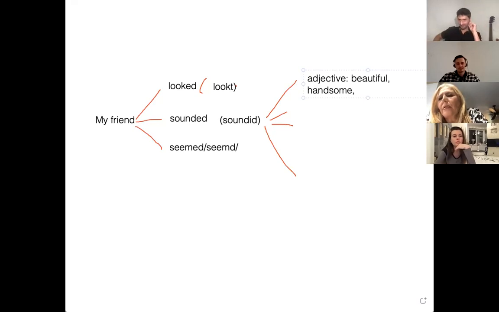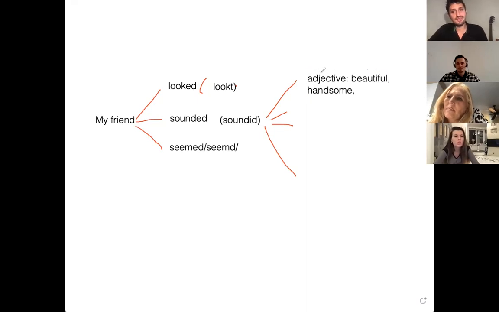Okay. Now, another option would be a noun. My friend looked not beautiful. My friend looked sad. Well, that's also an adjective.